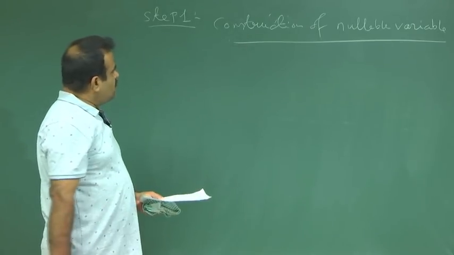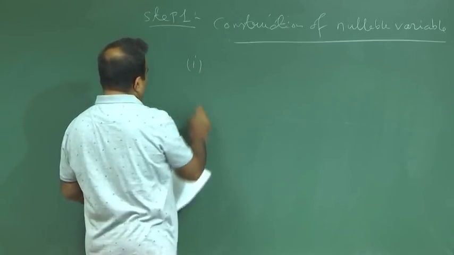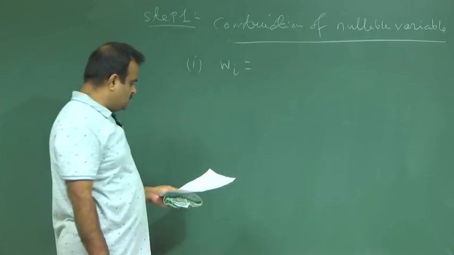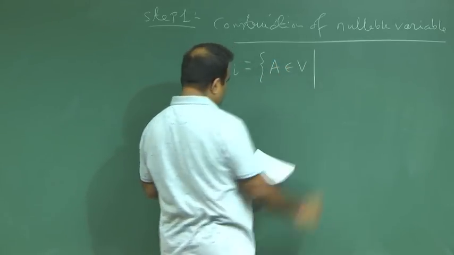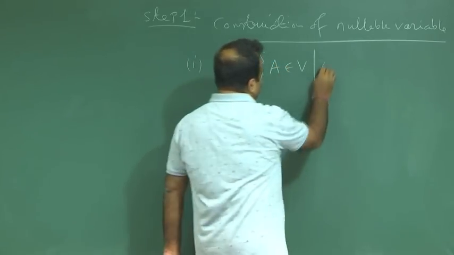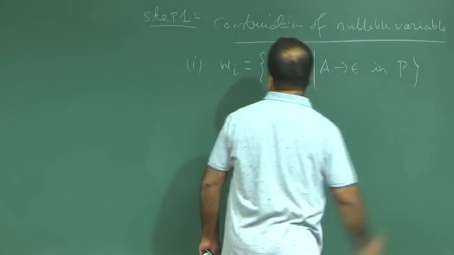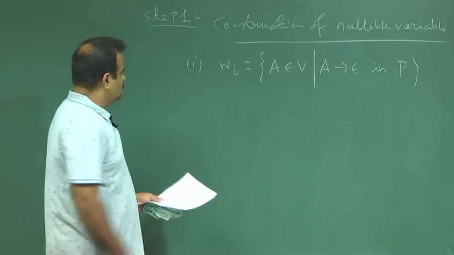Okay, so we will do it recursively. We form W i, with i equal to 0. So, W 0 is all the variables which go directly to epsilon. This is the first step, W 0.